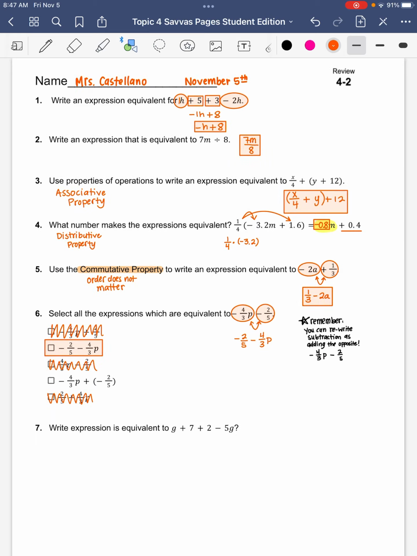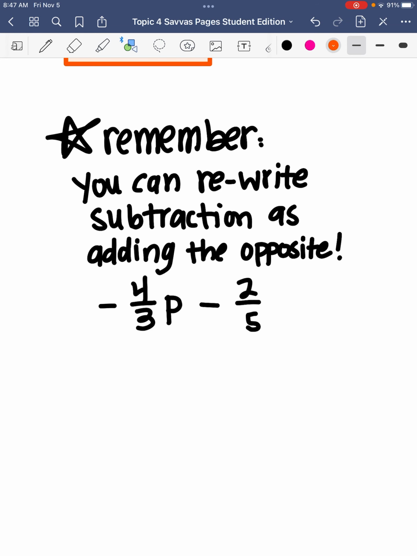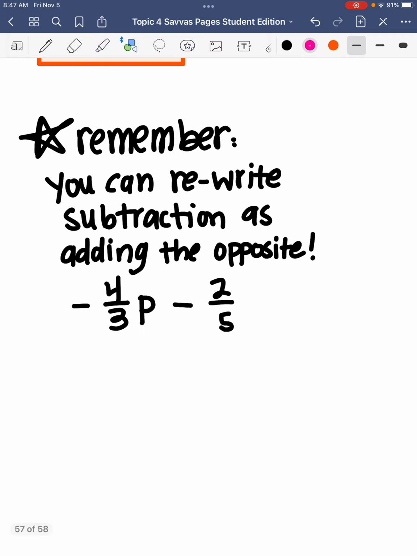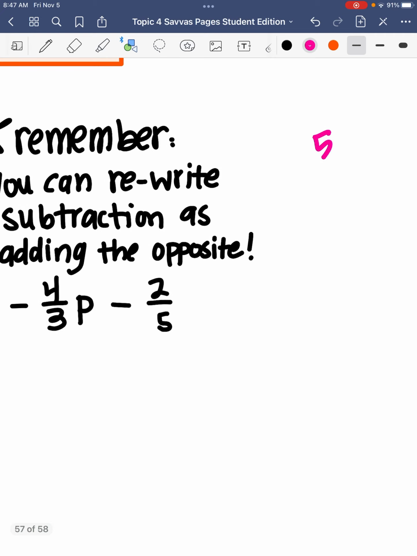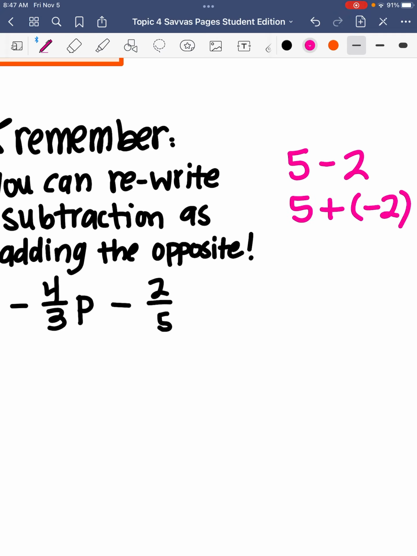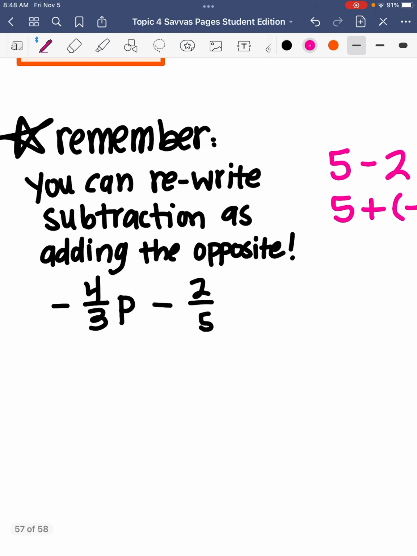Now let's look at this little note right here. I want you to remember that you can always rewrite subtraction as adding the opposite. And we did this way back in topic 1. Like if we have 5 minus 2, I can rewrite that as 5 plus negative 2. Well, can I do the same thing here?